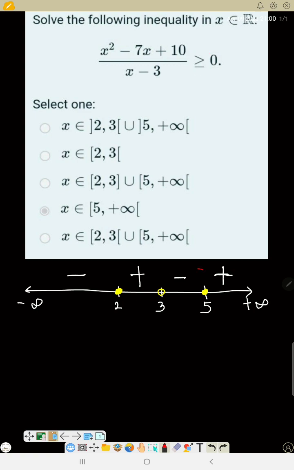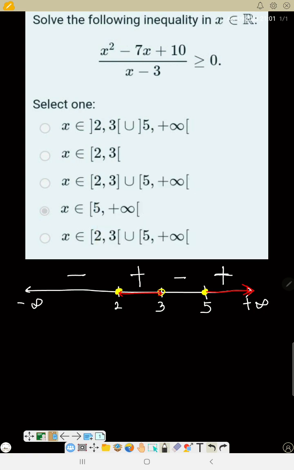Where do we have plus on this number line? This is plus, this is also plus. So from here to here is also plus. Take notes. That is where our answer lies.